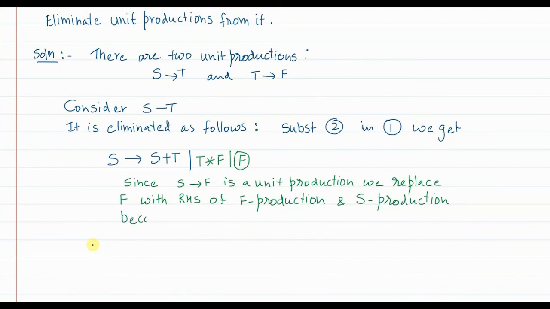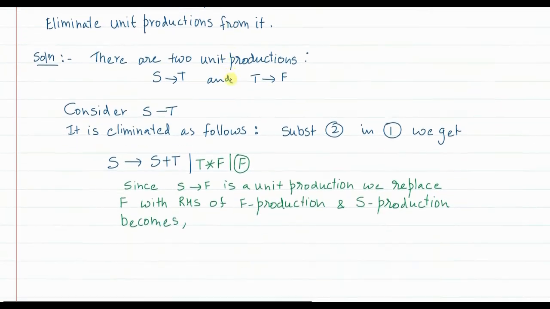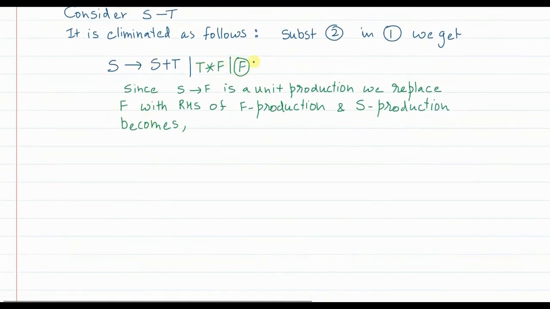So when I replace, since S gives F, I have introduced another unit production. How has this unit production come? Because I replaced this T with the right hand side of the T, and there was another unit production. So in this S production, another unit production was encountered.